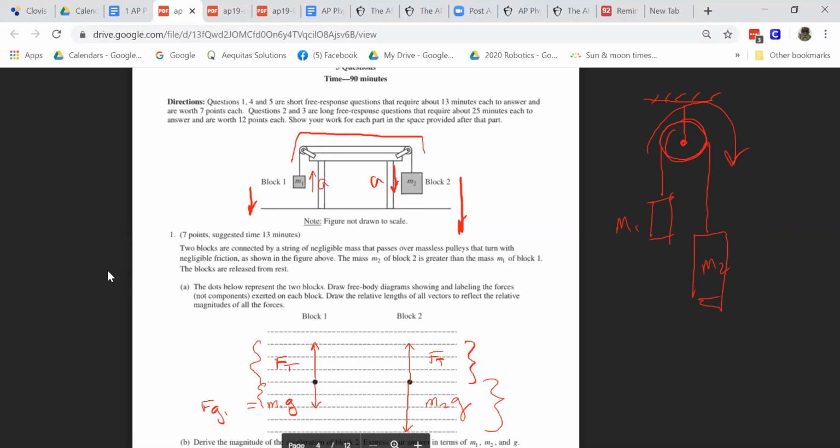If you release them, M2's got more mass, so it has more weight. Now, but if this pulley right here is massless, that means it takes no force to make it spin. That means it's not affecting anything. The only thing it does is change the direction of the tension force in the string. It changes the direction of the string. That's the only thing it does.